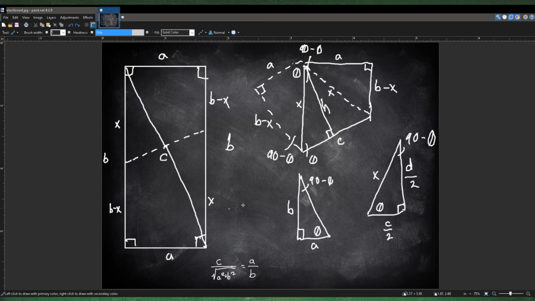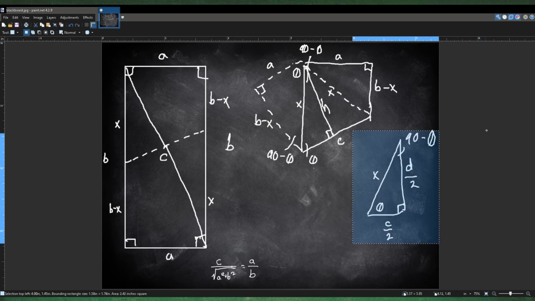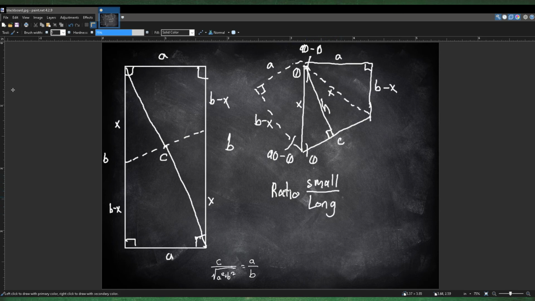Sometimes it gives us a really complete understanding of how these angles are forming and what these shapes are doing in relation to each other. So based on this entire video, if you just want to understand what I just did, it's basically that the ratio of the smaller side length divided by the longer side length is equal to the ratio of the length of the crease divided by the diagonal.